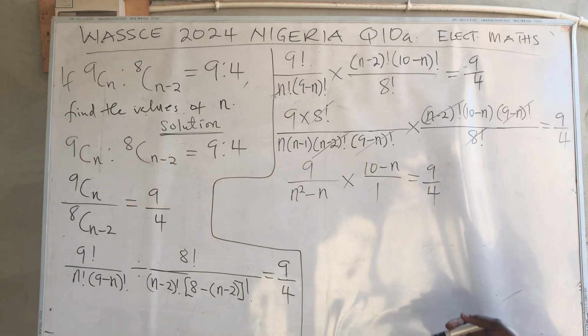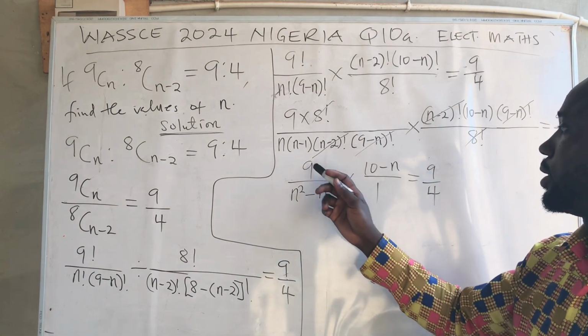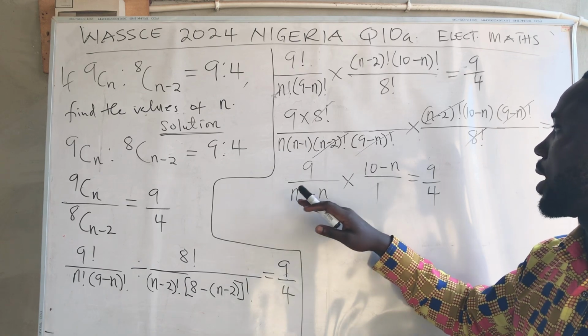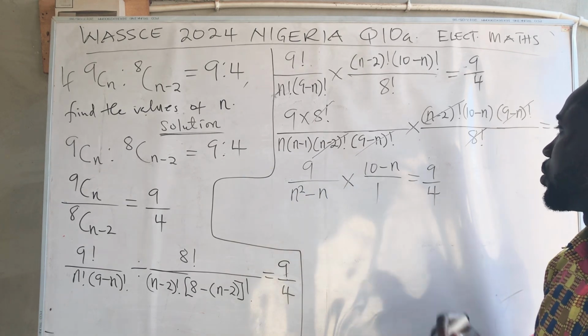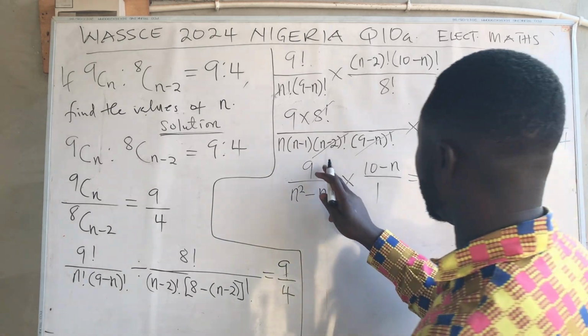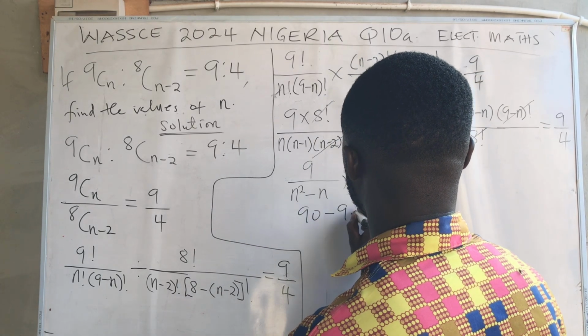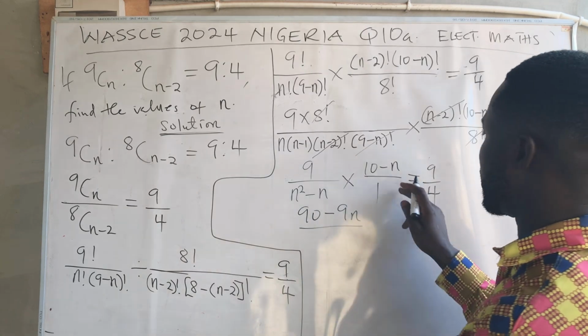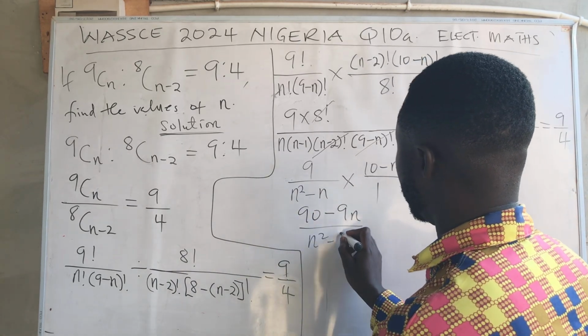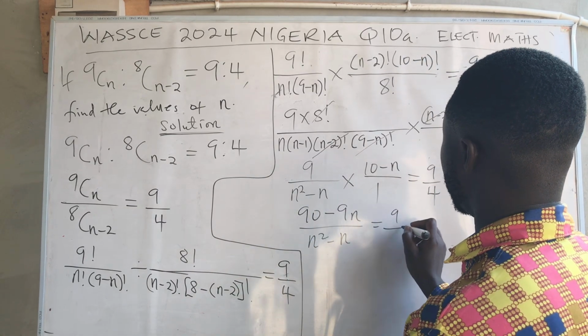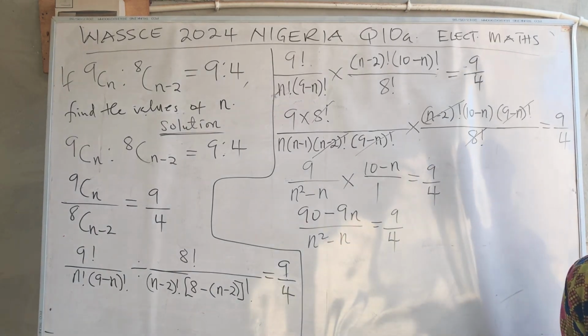Okay, so what we are going to do here is to multiply the 9 by this and multiply the n squared minus n also by 1. So 9 times 10 will give us 90 minus 9n. n squared minus n times 1 will give us n squared minus n equal to 9 divided by 4. So where we have gotten to, what can we do?